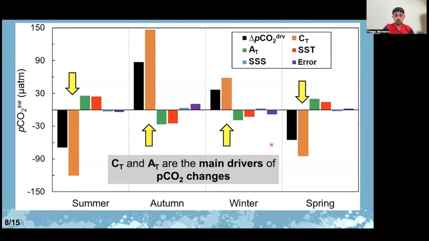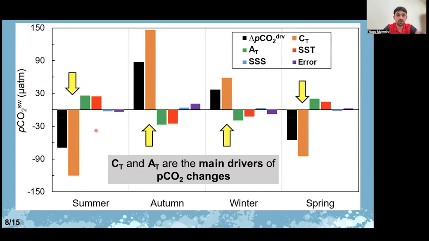We also describe the drivers of the seasonal change in the pCO2 by a well-known approach, which is to convert the difference in each parameter into the unit of pCO2, that is microatmospheres. What this figure shows is the difference in the pCO2 between the seasons in the black bars, for example, the difference between autumn and summer.